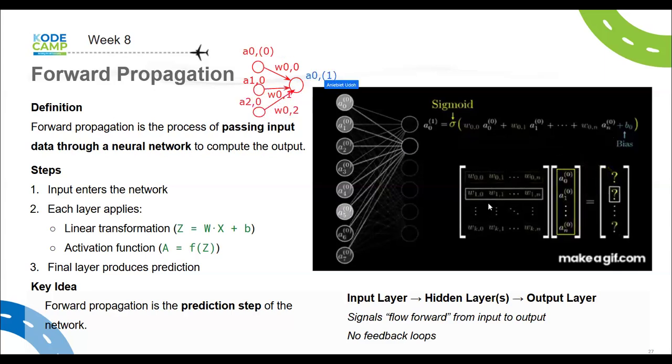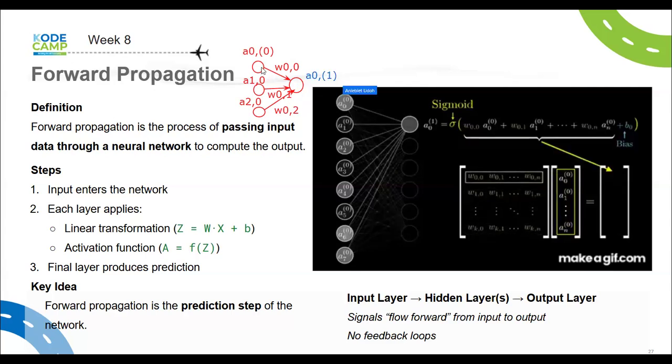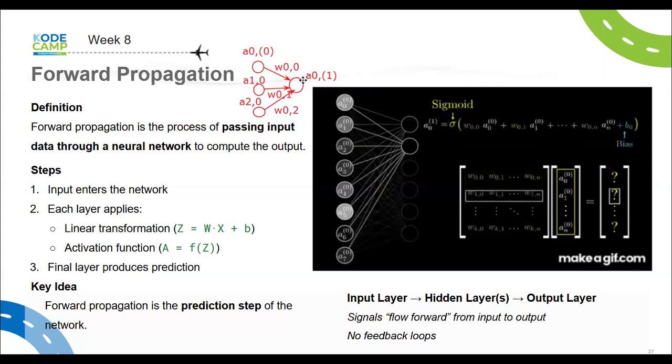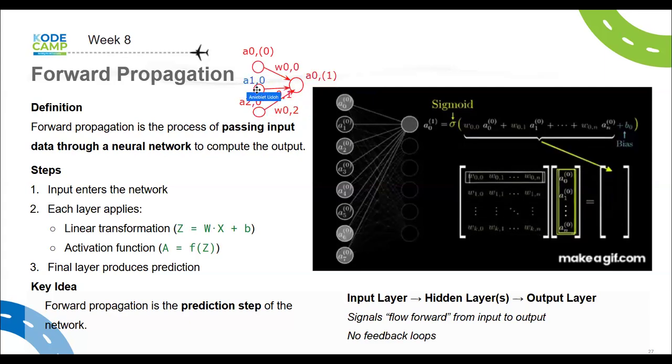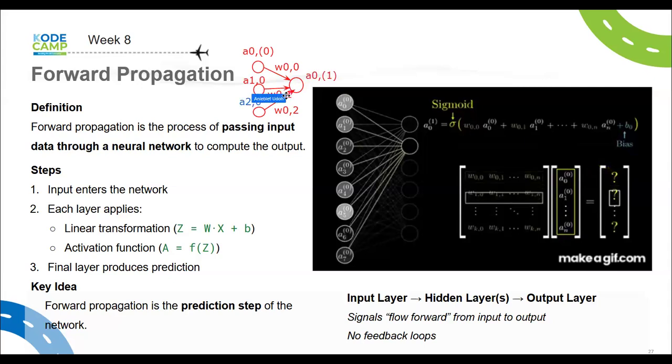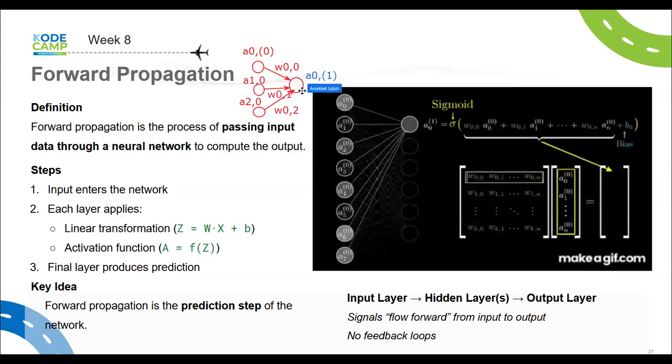That is sometimes confusing with this convention. Is it actually the weight from here to here? You would have said this should be 0,0. Yes, that's correct. But the weight connecting A1 to A0 should have been W10, but that is not how it's interpreted. Rather, it's interpreted as W01.